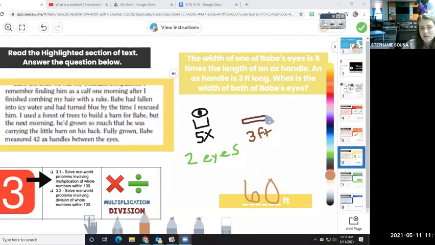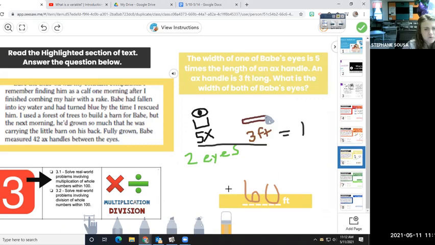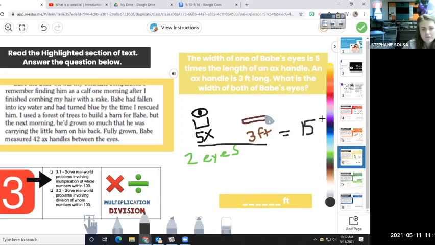Your correct answer should have been 60 feet. Here's how we got there, okay? One of his eyes is 5 times the length of an axe handle. My first equation is right here. 5 times 3, oh, I apologize, 30 feet. My bad, my math's not right. 1 second. 5 times 3 is equal to 15 feet. Okay, that's one eye.